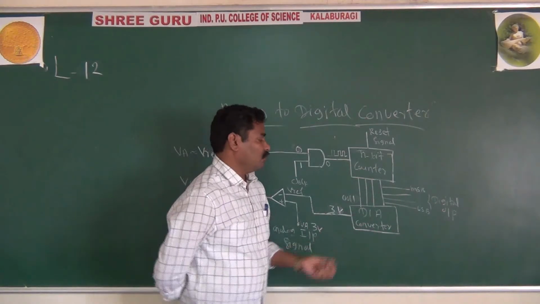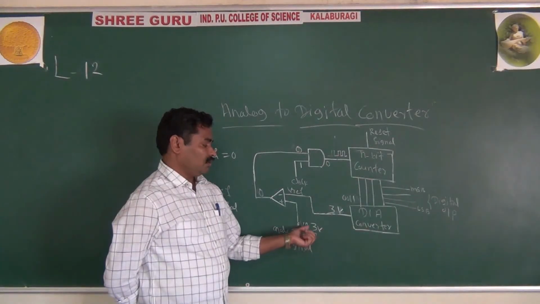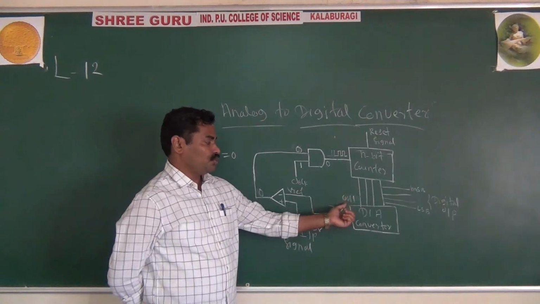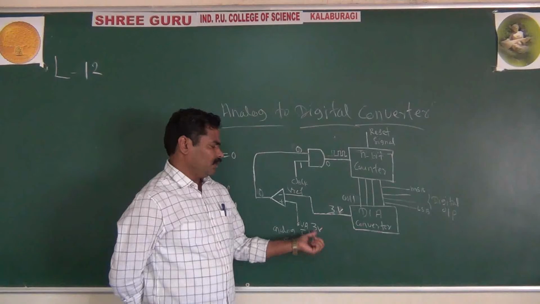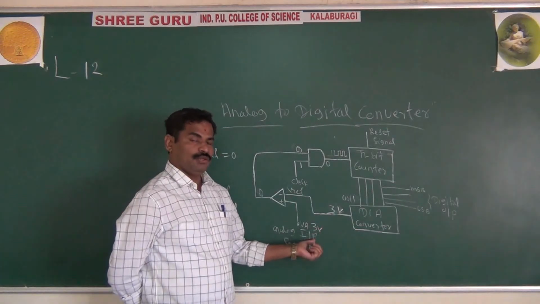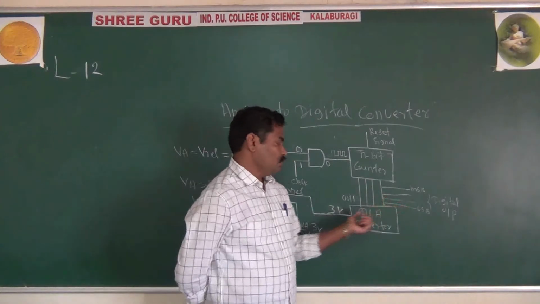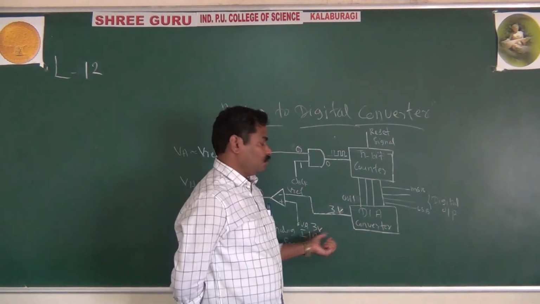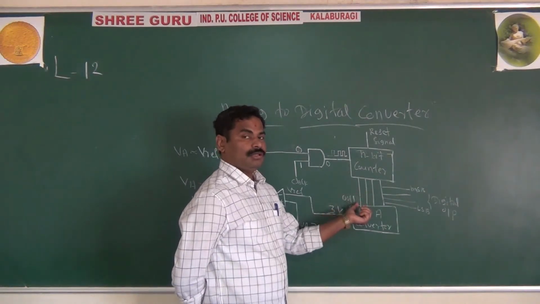And an important thing, as I said here, you are applying the input 3 volts as analog, but you will get the output as 0 0 1 1. As we know already, the analog signal of 3 volts is converted to digital as 0 0 1 1. This 3 volts is the analog input voltage, and 0 0 1 1 in terms of digital is nothing but your output.